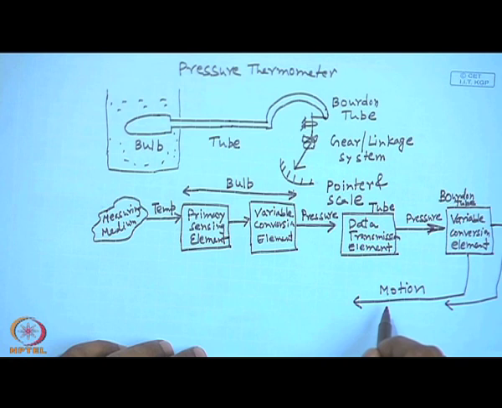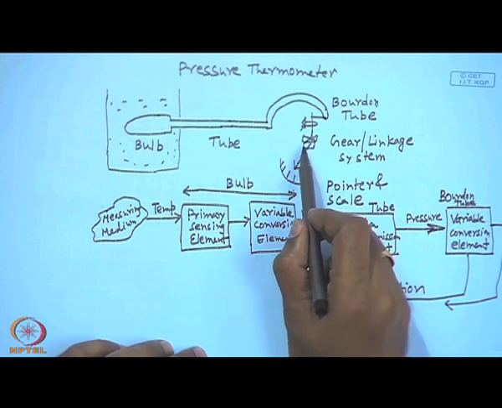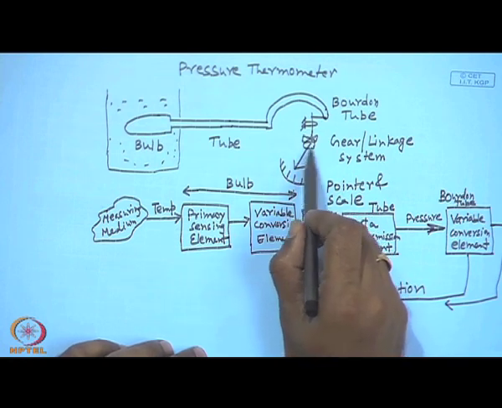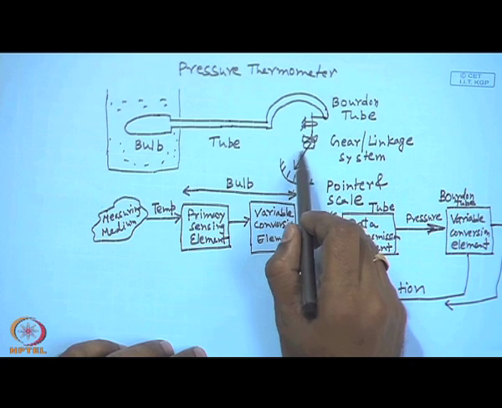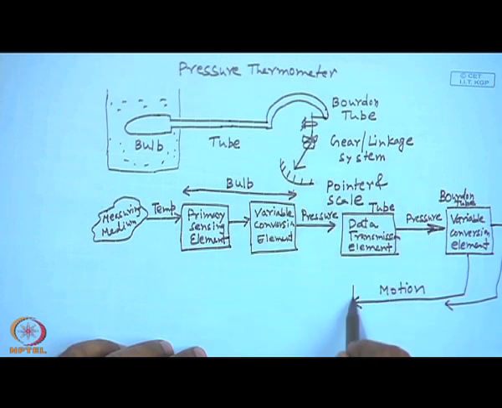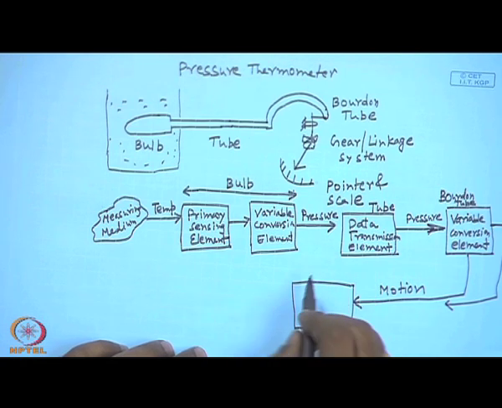This goes through the gear and linkage system, which magnifies the deflection. So, the gear and linkage system works as a variable manipulation element.